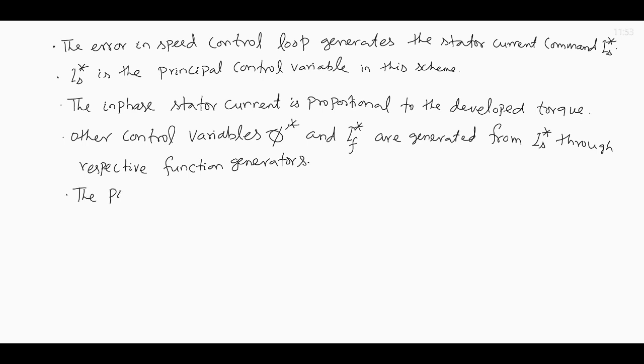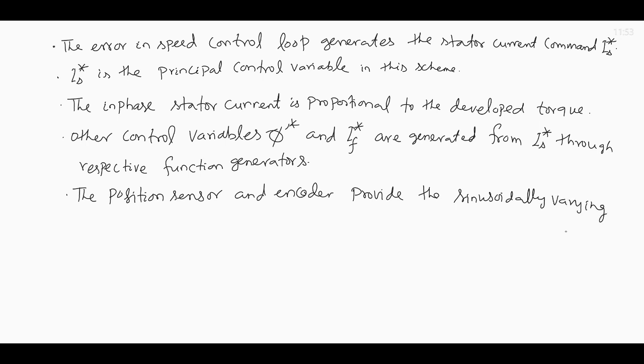The position sensor and encoder provide the sinusoidally varying unit signals cos theta e, sin theta e, and speed omega r.